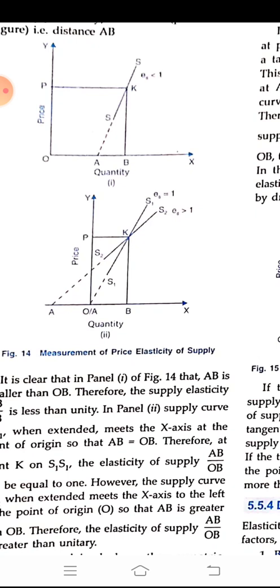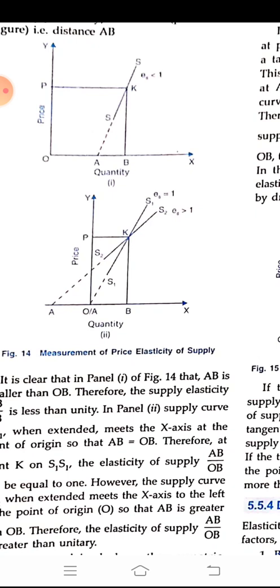You see the next diagram where you will see point K. Point K is the point where the supply curves are cutting each other. You can see OP is the price, and let us take only one at the beginning, that is S1. As S1 is pulled down, it is touching the origin. This means it is unitary elastic, because if we try to divide this, the equation is AB divided by OB, the same thing.